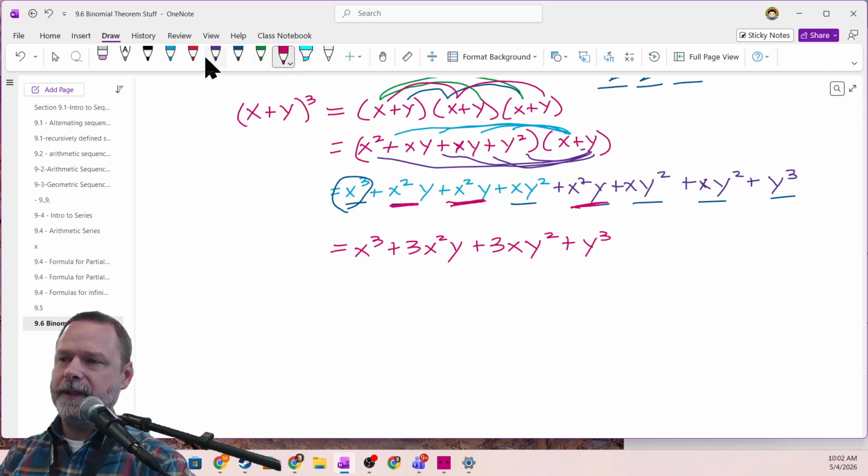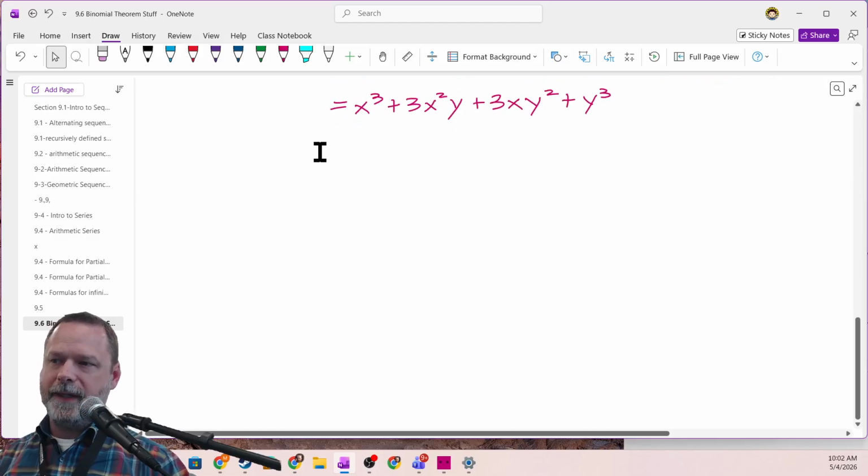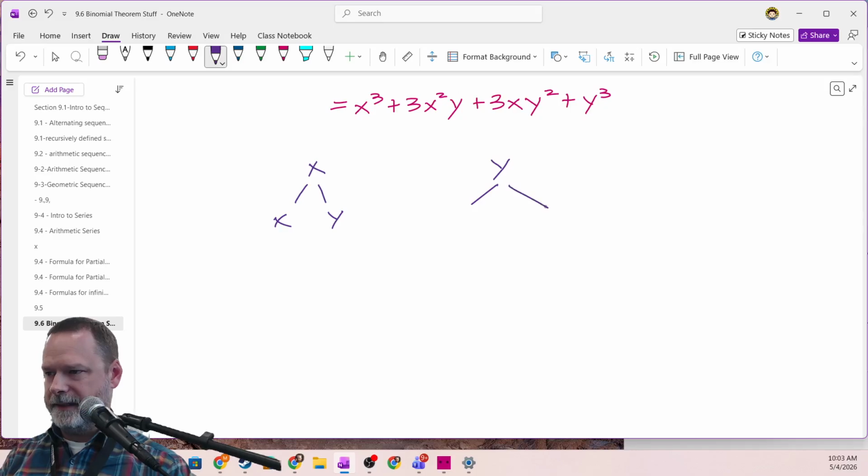One more time, though, to really show why we're getting all of these terms. These are the result of picking an x or a y 3 times, because we did it to the third. And we can diagram that out once again with a tree diagram, x and y. Okay, so first choice, I pick one, and then I get another x or a y. And then the third choice, I'd pick an x or a y again for each one of these.